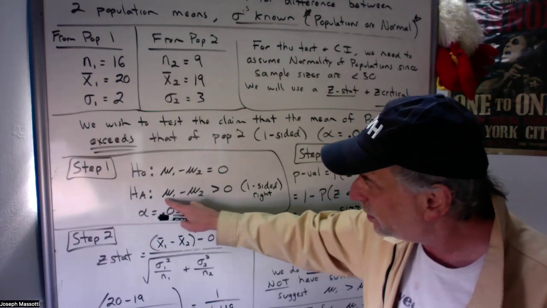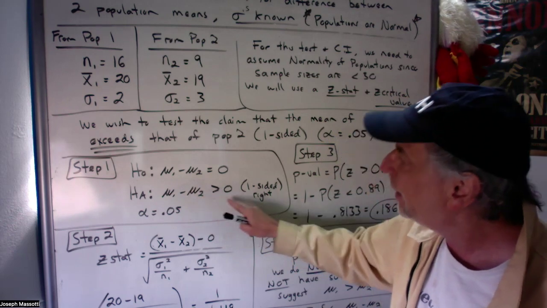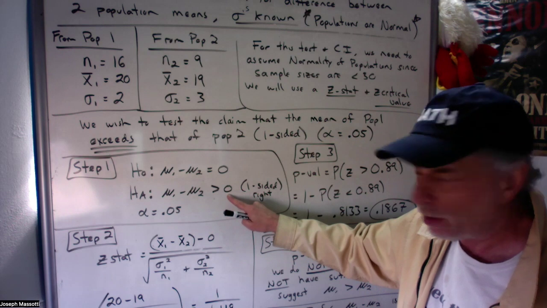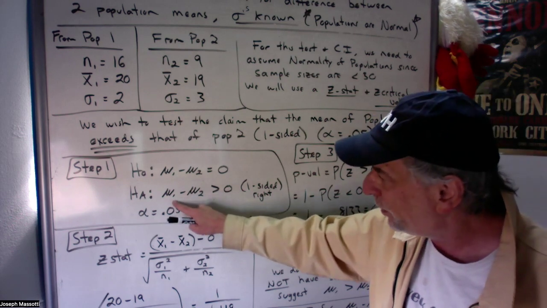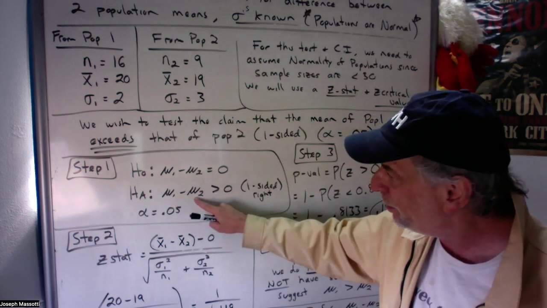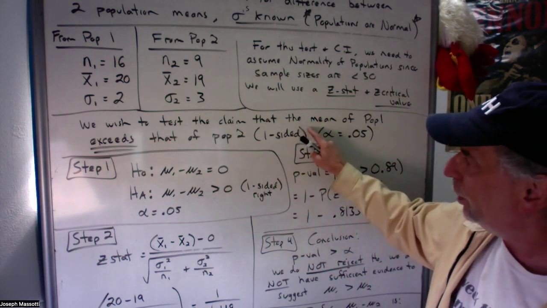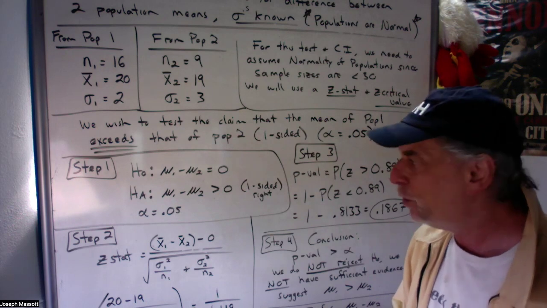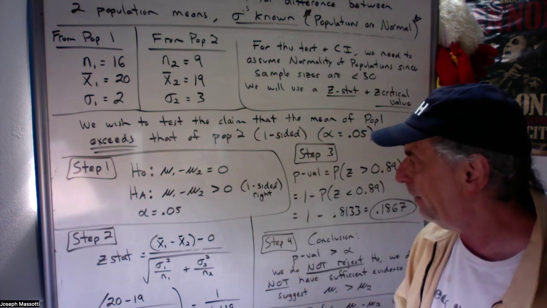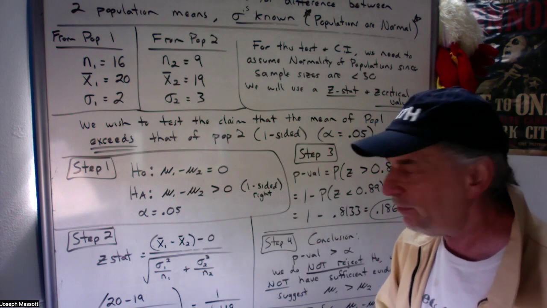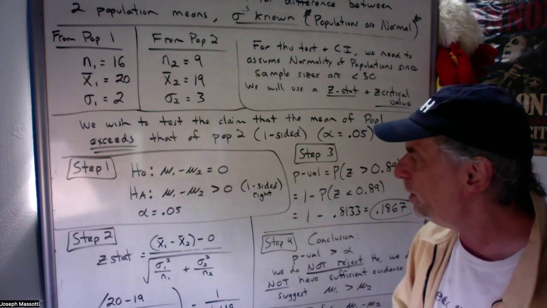If this number is larger than this number, then this difference is going to be greater than 0. So the difference between population 1 mean and population 2 mean is greater than 0 for the first population mean to be larger than the second. So it's a one-sided test. Our alpha level is 0.05. So that's our first step.